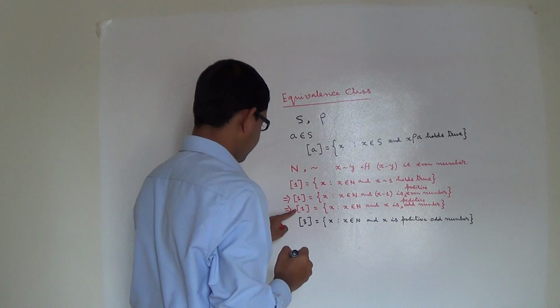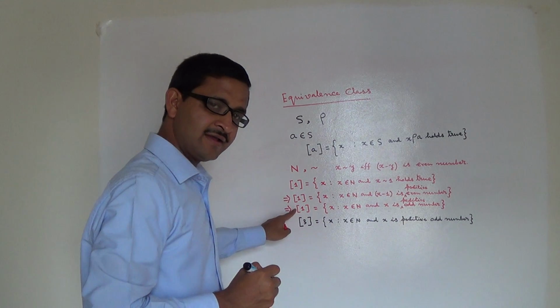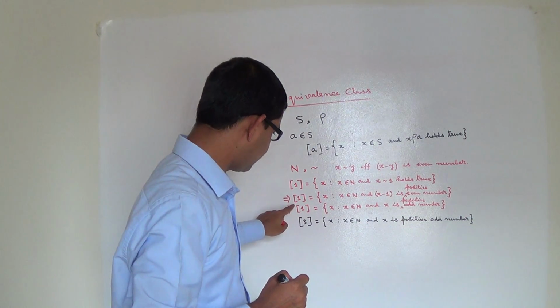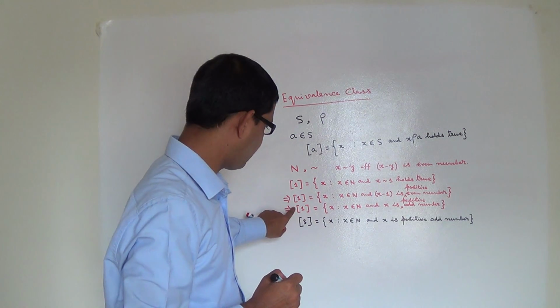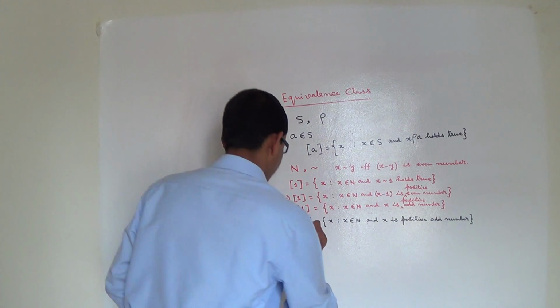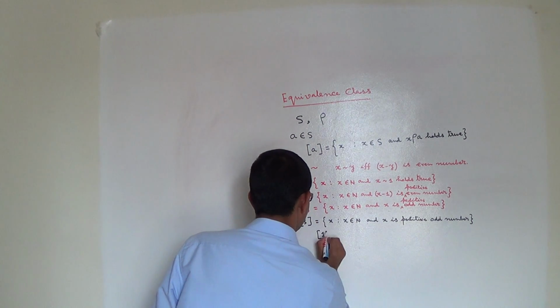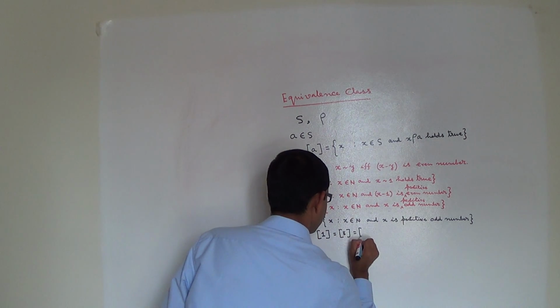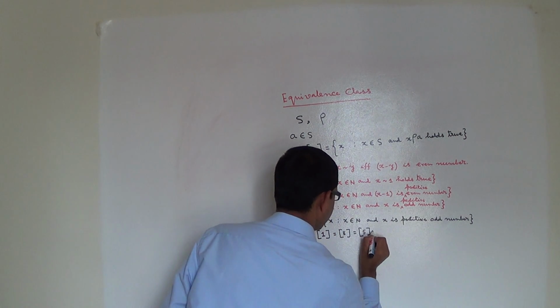So what we see? The equivalence class of 1 and the equivalence class of 3 are the same. In a similar manner, you can see 5 in that way.